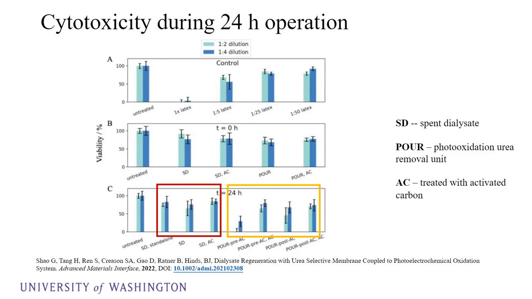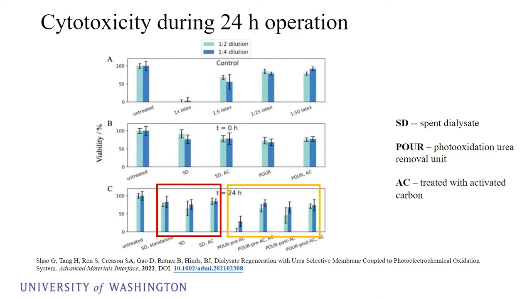That means the sample collected from the 24-hour operation. And it has similar cytotoxicity to the standalone samples. On the right, we have the standalone spent dialysate that was treated with the activated carbon. And all these three samples have no significant difference in the cytotoxicity.